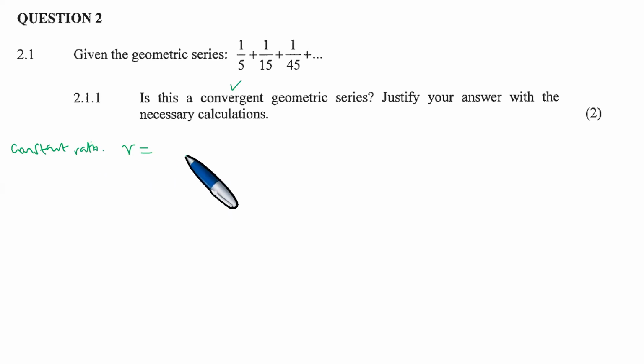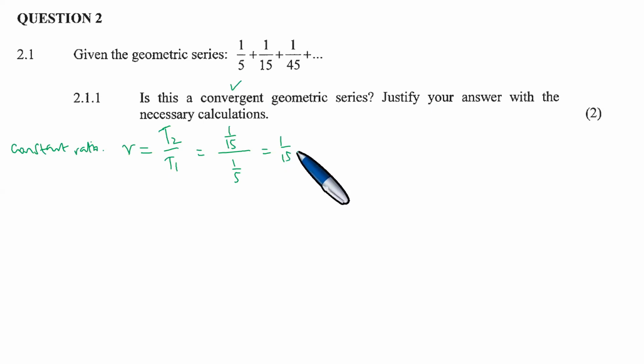How do we do the constant ratio? The constant ratio is going to be T2 over T1. What is T2? Which is 1 over 15 divided by T1, which is 1 over 5.